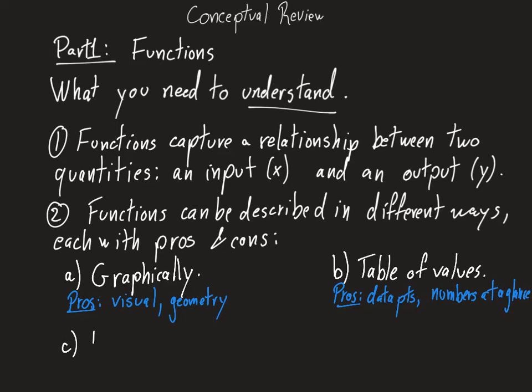So the third way is with a formula. Say f of x equals. This is often what we focus on in a math class. And this is also, for many people, the most confusing or sort of arcane, weird type of way of looking at this information or working with it. But there's a very important pro to using this: it is plug and play.